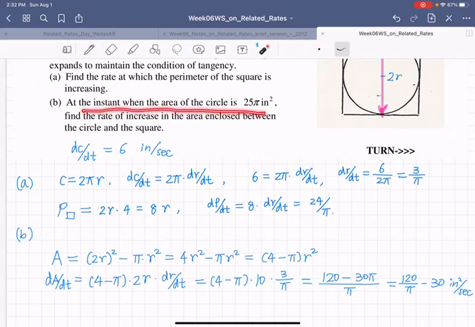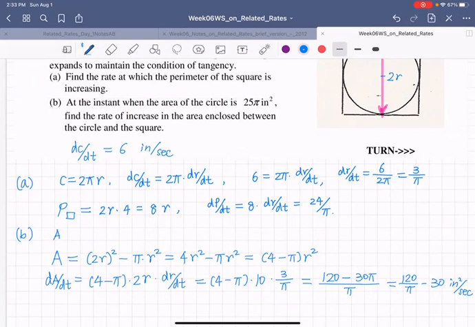At the instant when the area of the circle is 25 pi inches squared, find the rate of increase in the area enclosed between the circle and the square. Oh, so at the instant when the area of the circle is 25 pi. So the area of the circle is how much?